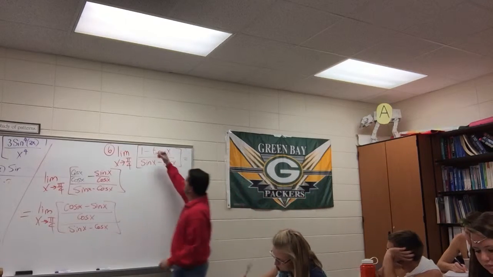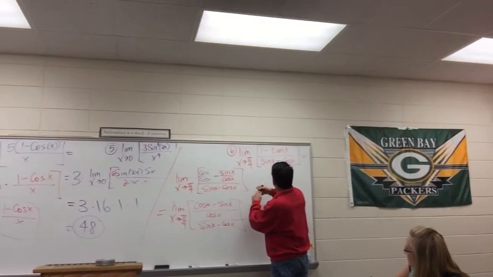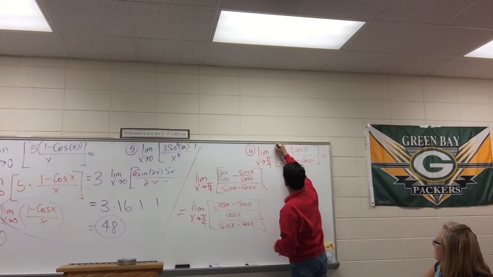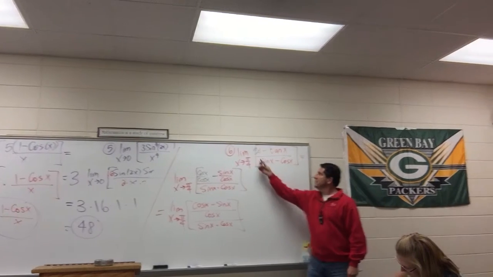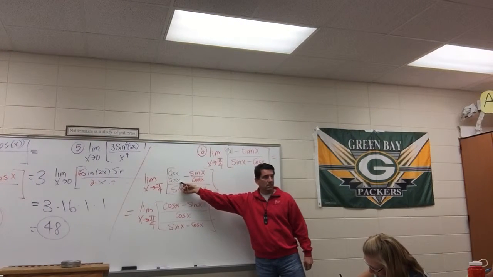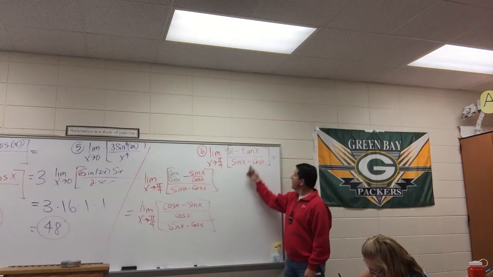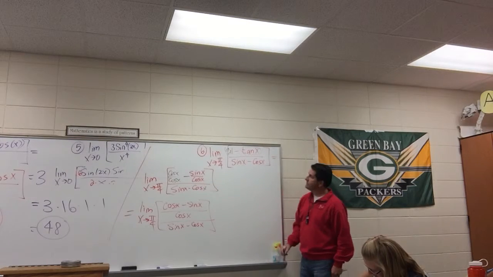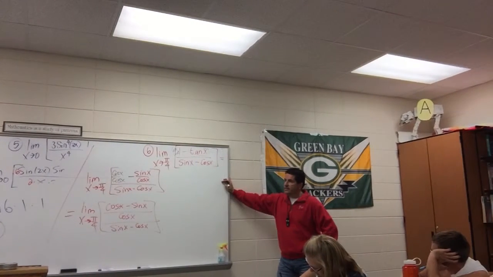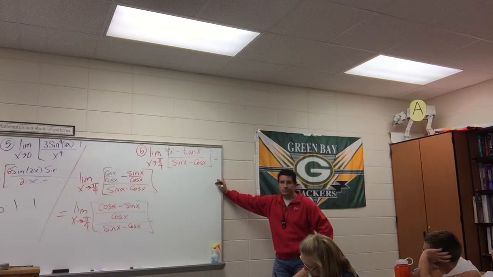I multiplied this one by cosine of x over cosine of x. See that? And my tangent, I converted to the sine of x over cosine of x. All right, does this get us anywhere closer?